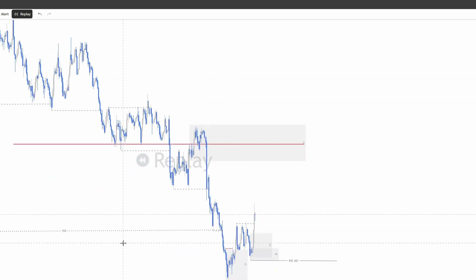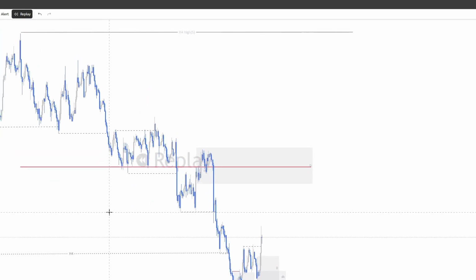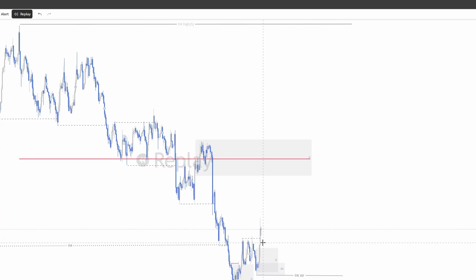And then once the 4 hour breaks structure and it's in the downtrend, we definitely are going to expect some pullback. So we are going to trade on that pullback. So that is where we have this 4 hour internal pullback. This 4 hour internal pullback, this is where I will be targeting.